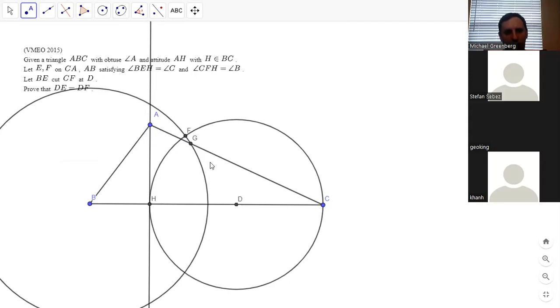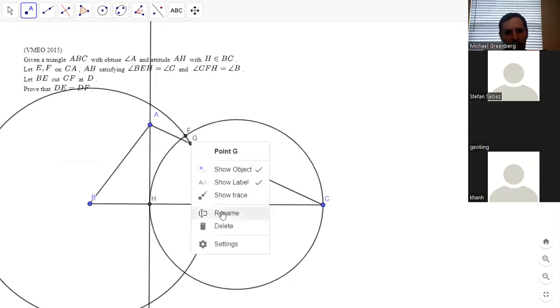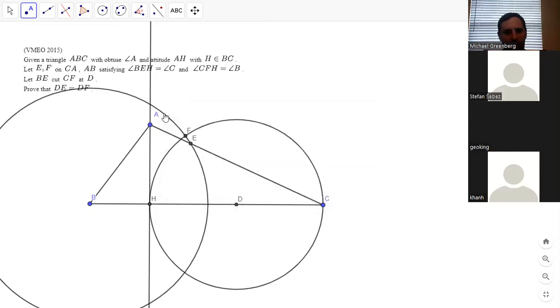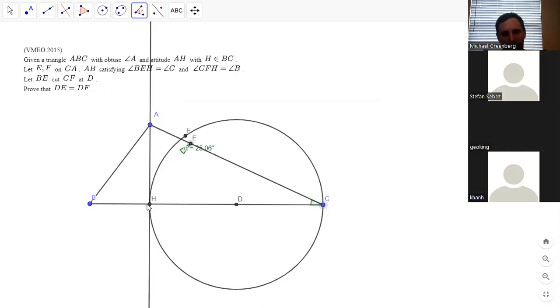All right, so that should be E. And then I'll do the same thing on the other side. Let me just check. So angle BEH. And this angle, there we go. Nice.